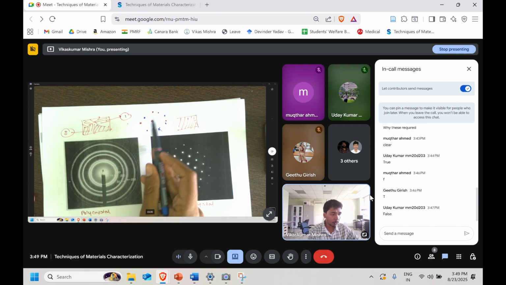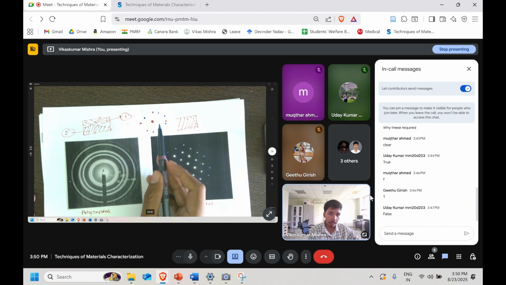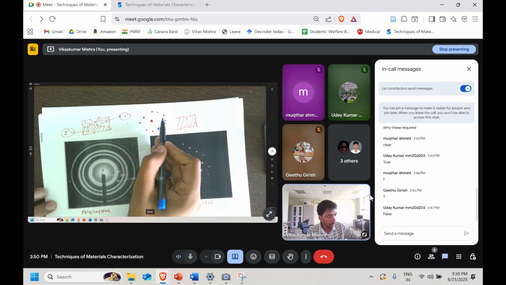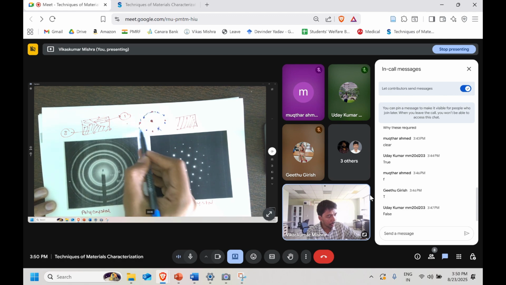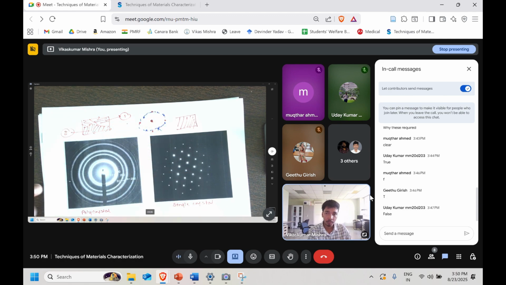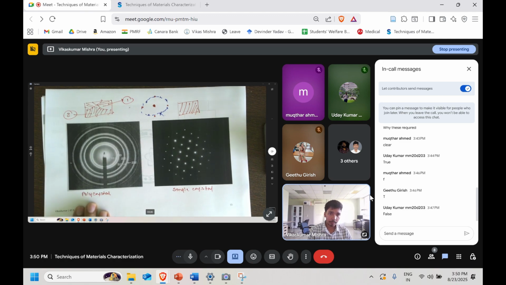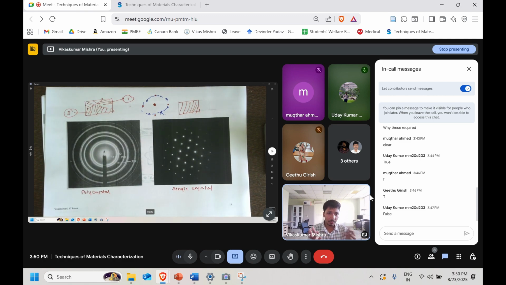Now instead of 2 grains, if we have multiple grains, say 20 or 50 grains satisfying the Bragg condition, then instead of discrete points they will form a ring. They will keep on forming the ring, a continuous ring. So this is how a polycrystal will look. Now let us say you heat the polycrystal specimen and keep on increasing the grain size.